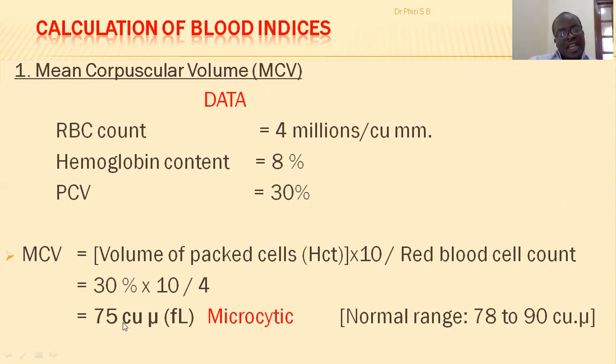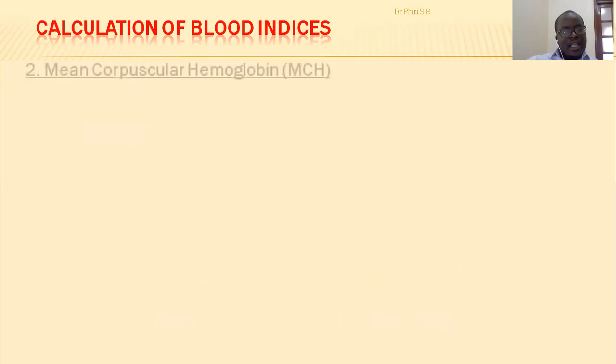The average size of each red blood cell is smaller compared to the normal one. So they are microcytic. This kind of anemia is going towards microcytic, but you still need to calculate the other indices to come up with a definitive diagnosis. So far, we know to say it's microcytic. So we proceed to the next index.